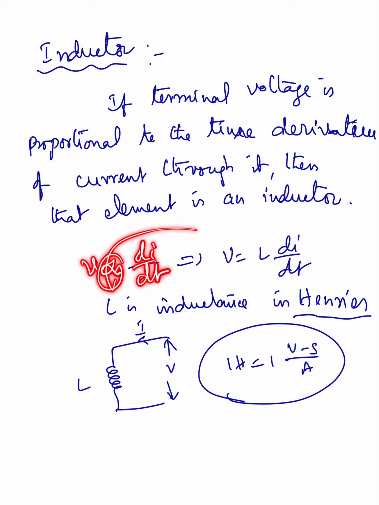We remove the proportionality constant and put L. So V equal to L di by dt, where L is in Henry. Okay, inductance of the inductor.